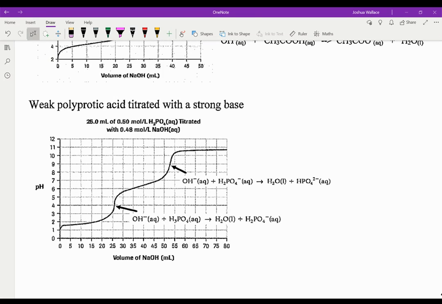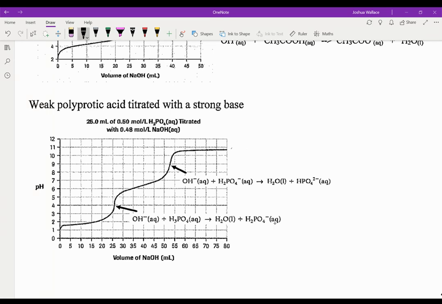A weak polyprotic acid titrated with a strong base. What we have here is H3PO4 being reacted with sodium hydroxide. We know that monoprotic is 1, diprotic is 2, and triprotic, which we would also call polyprotic, is 3.